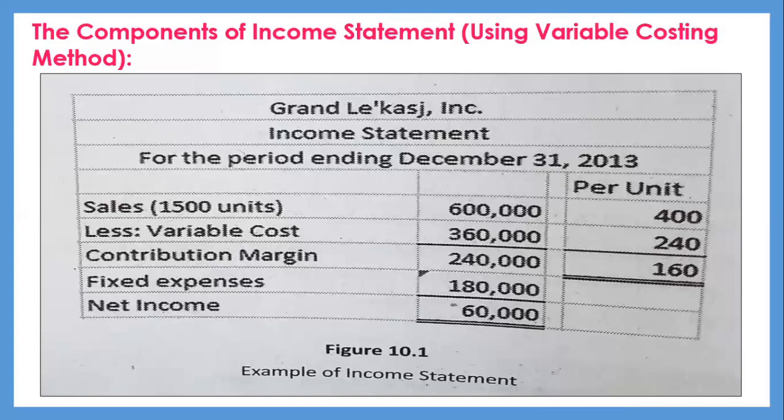Now, it can be observed that the variable cost increased in direct proportion with the sales, which means that as sales increase, the cost of sales will also increase.